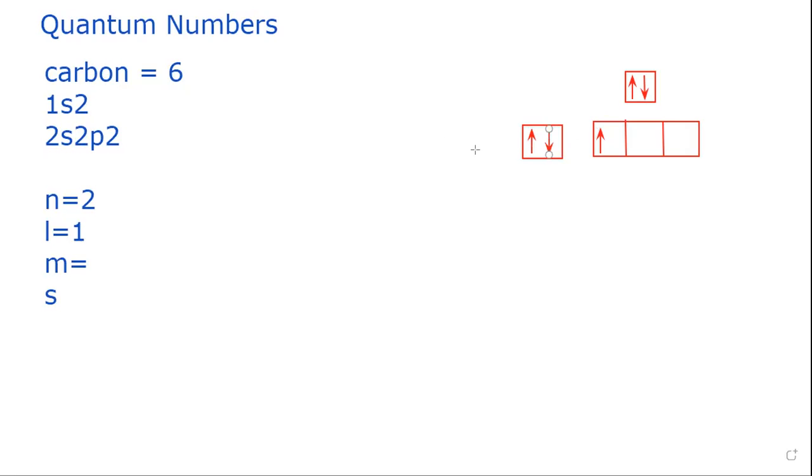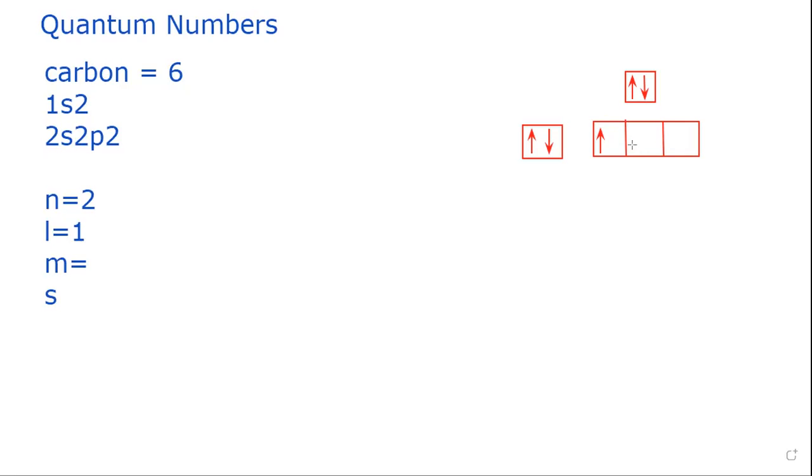Now, in P, remember that in every box you can have up to 2 electrons, but there is a rule that says that you cannot have 2 electrons in one orbital if you have empty space in the other orbitals. So you will always semi-occupy the orbitals, and then you will start putting the next ones. So you will have one here, and the next one is not going to be next to it.